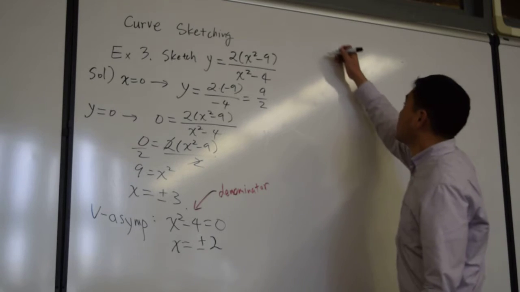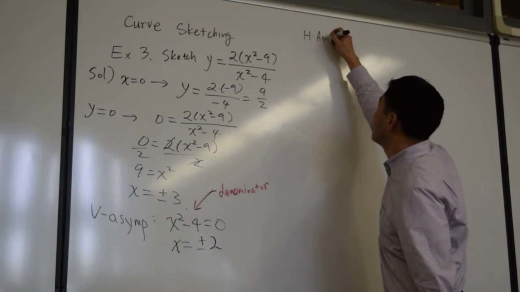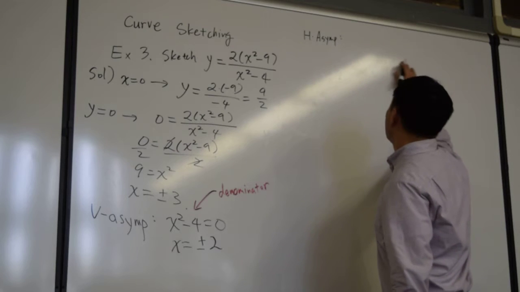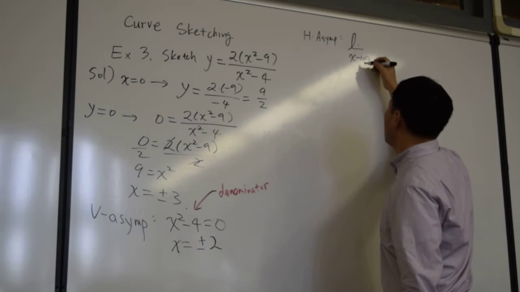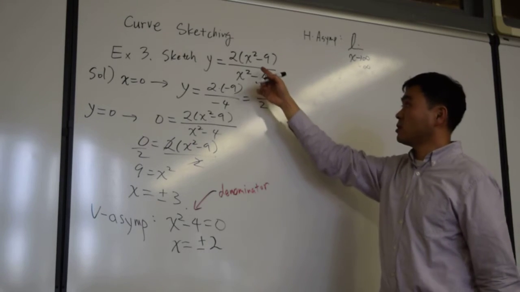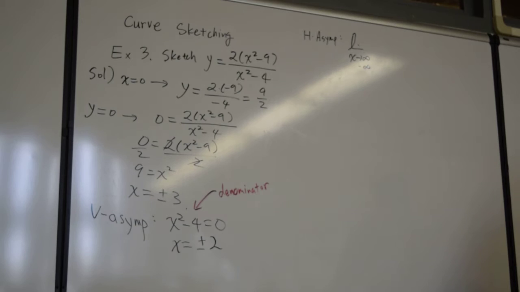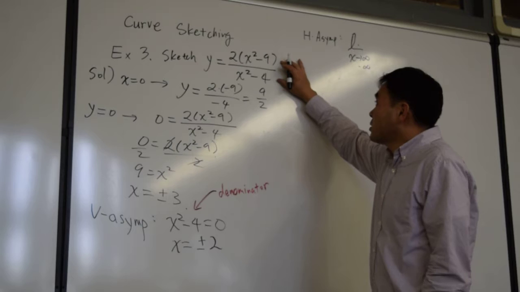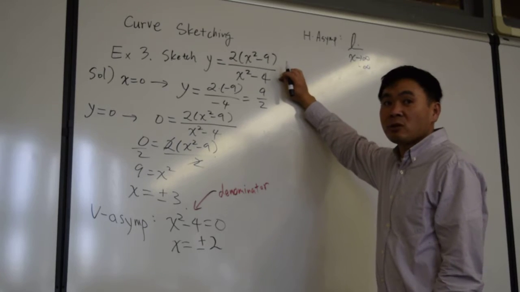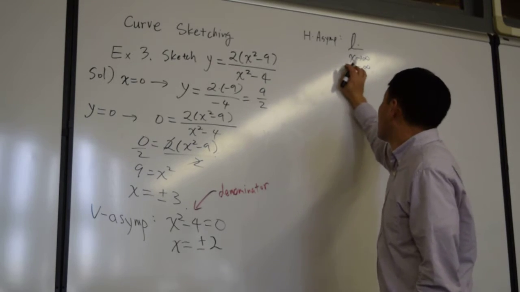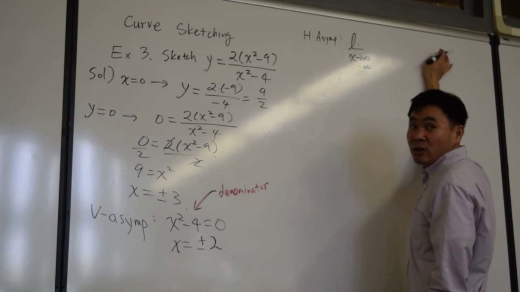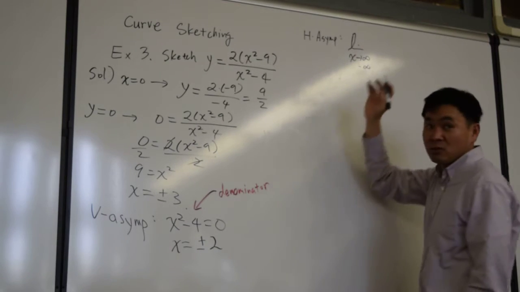Now for the horizontal asymptote, you have to send the limit x going to infinity and also negative infinity, but in general, if you have a polynomial over polynomial, then as long as the limit converges to a single value, they're going to converge to the same value.